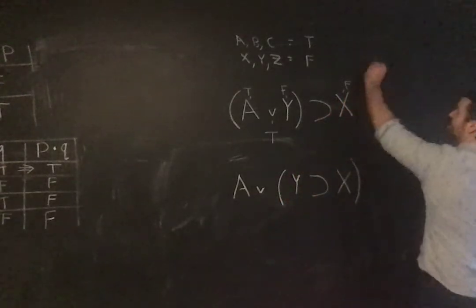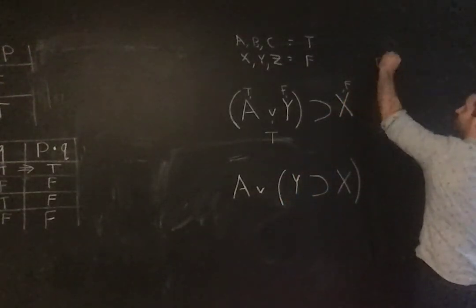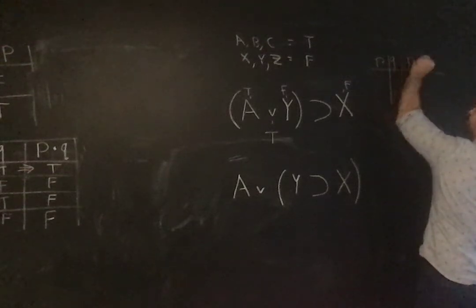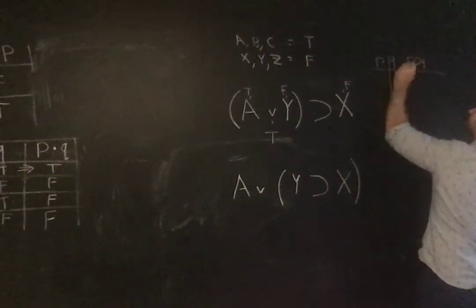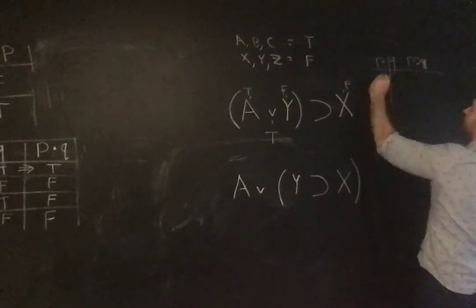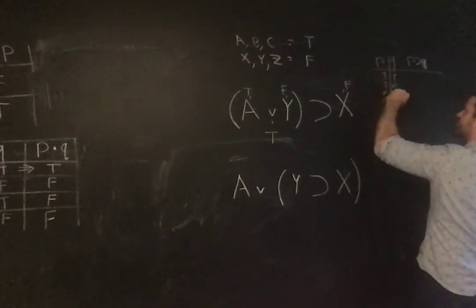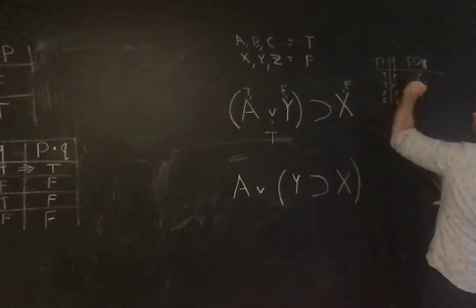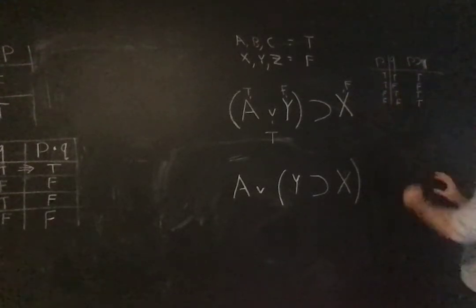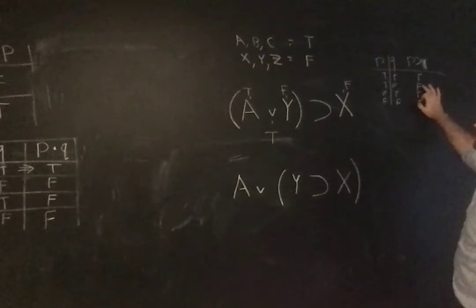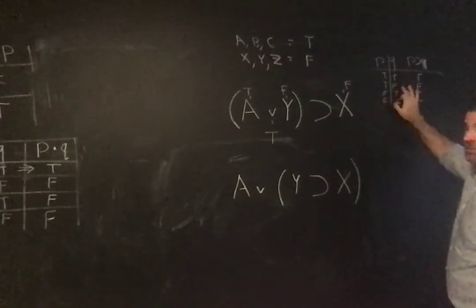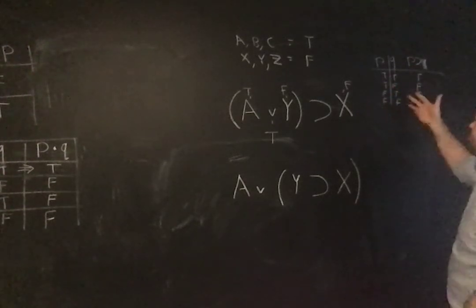I'm thinking of the table for P hook Q. True, true, false, false, true, false, true, false. It's true, false, true, true. It's only false when the antecedent is true and the consequent is false. It's true in all other cases.